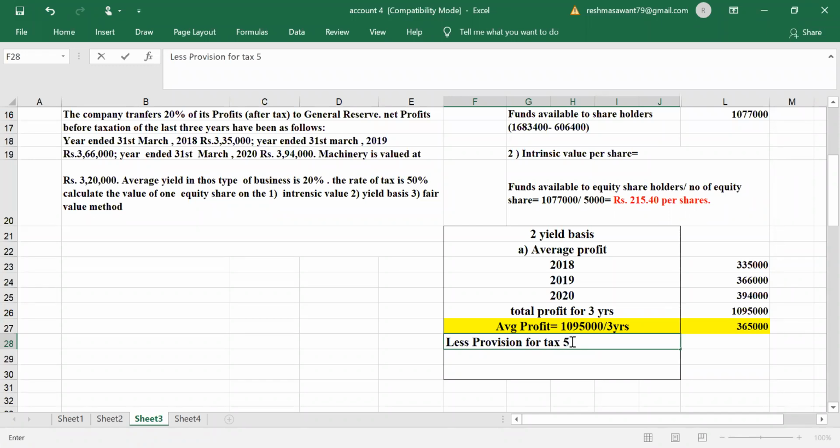What is 50%? It is 50% of 3,65,000, your average profit.